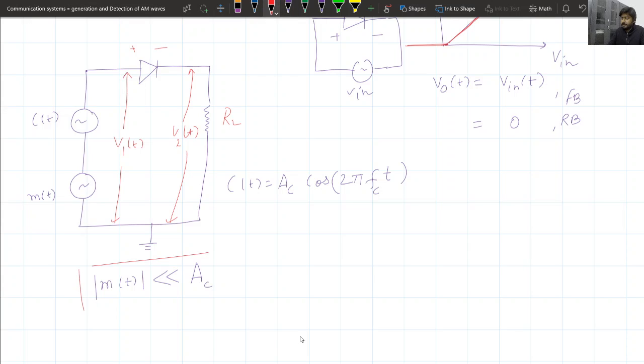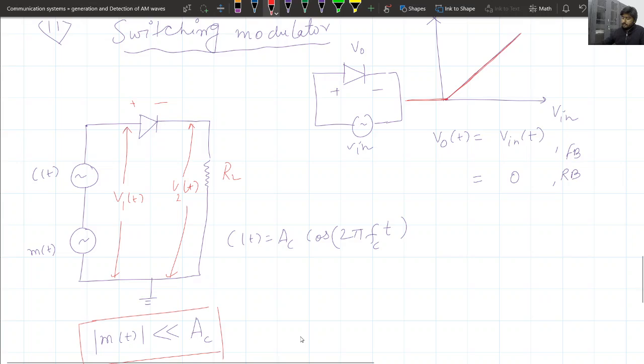Then only we can implement the switching modulator. Since the absolute value of the message signal is much less than the peak amplitude of the carrier wave, the switching characteristics of the diode will be governed by the carrier wave only.